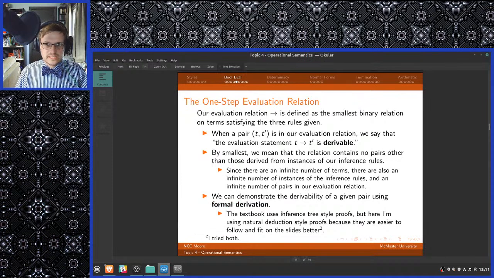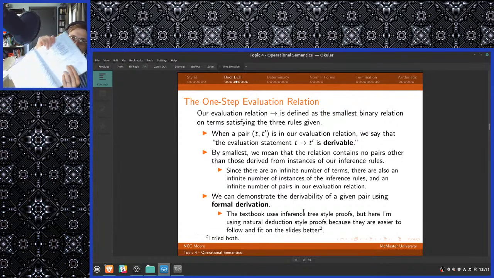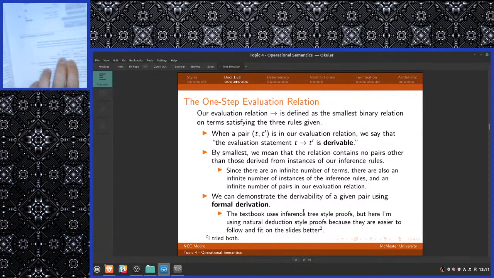The textbook uses inference tree style proofs, which I think if you remember what they look like, they look like an inference rule with several levels. But I'll show you a picture of one quickly from the textbook if I can find one. Yeah. So that right there.